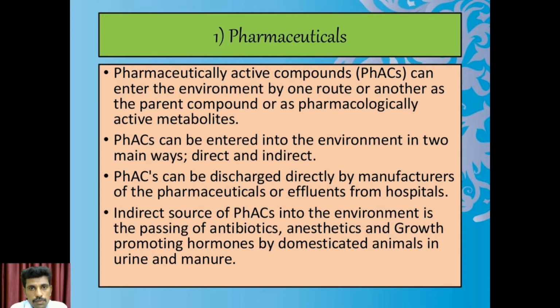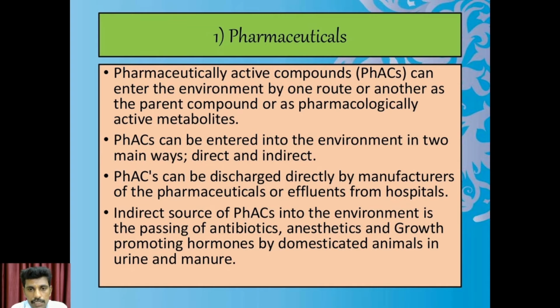First one, pharmaceuticals. Pharmaceutically active compounds are parent compounds which enter the environment in two ways, direct or indirect. They can be discharged directly from hospitals and pharmaceutical industries by means of effluents, so that is the direct one. The indirect one is the passing of antibiotics, anesthetics and growth promoting hormones by domestic animals in their manure or urine into the environment.